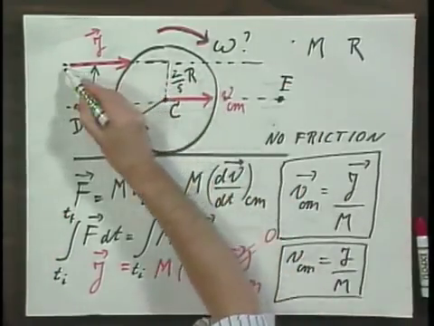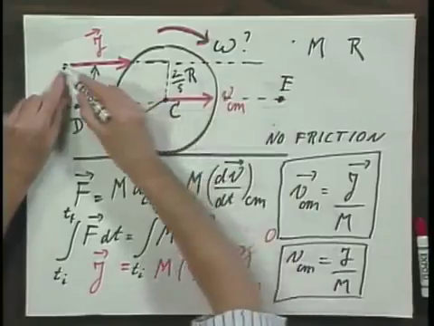The remarkable thing is, if I had chosen any point P on this line, the total angular momentum, which before the impulse is 0, will also be 0 after the impulse.